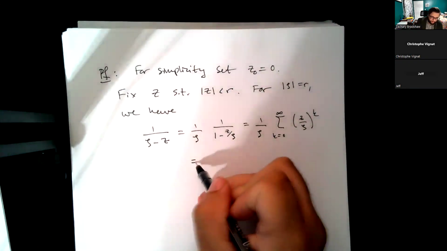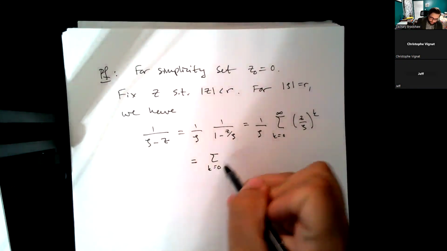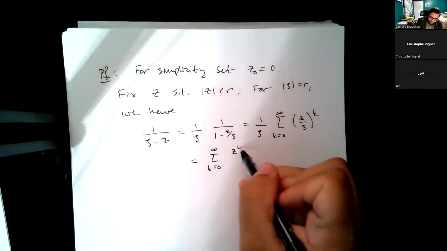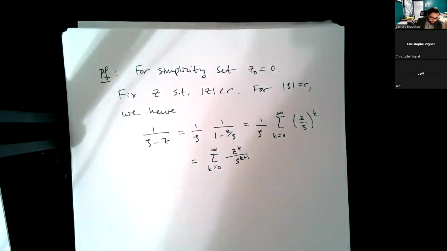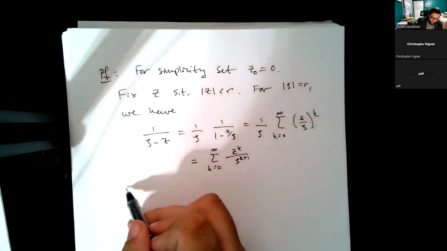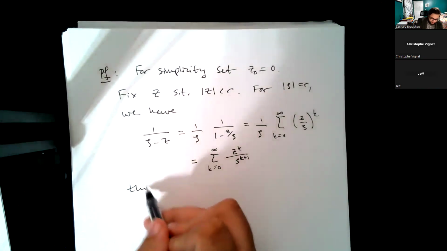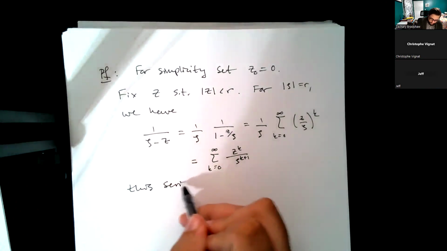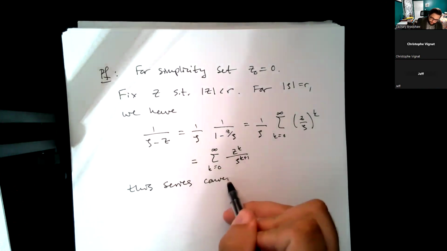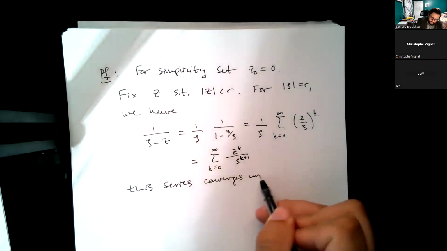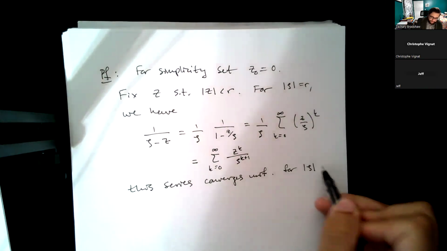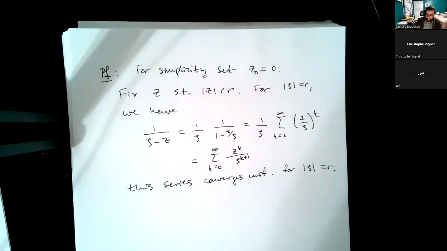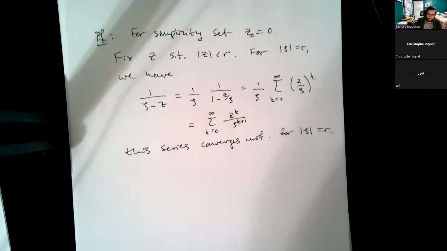This is equal to the sum from k equals 0 to infinity of z to the k over zeta to the k plus 1. And this series converges uniformly for modulus of zeta equal to r by our theorem.